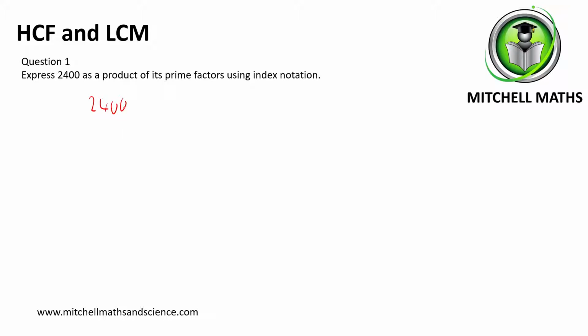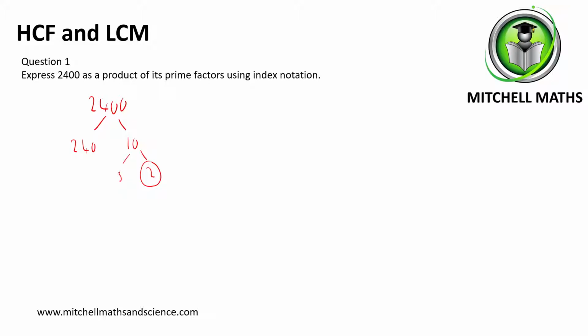When it ends in a zero, I generally break it down into tens by tens, so we've got 10 and 240. And you need to keep on breaking it down until you've broken it down into prime numbers. 10 can be broken down into 2, that's a prime number, so I'm going to circle it.